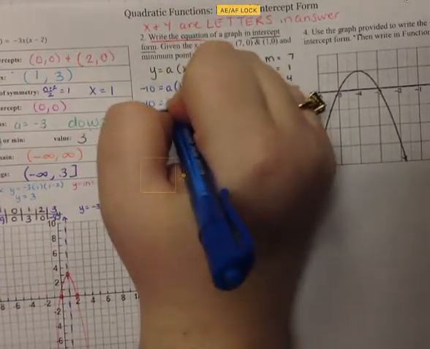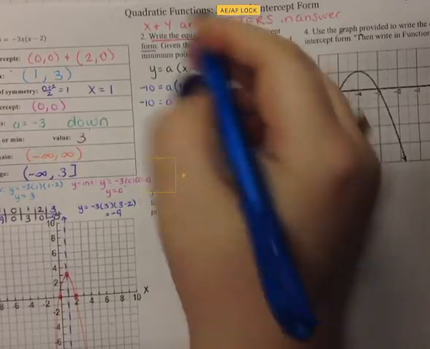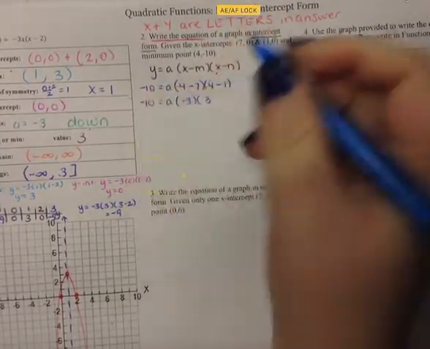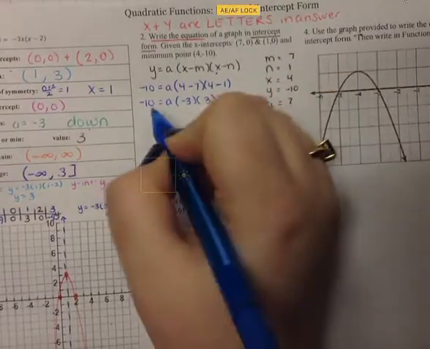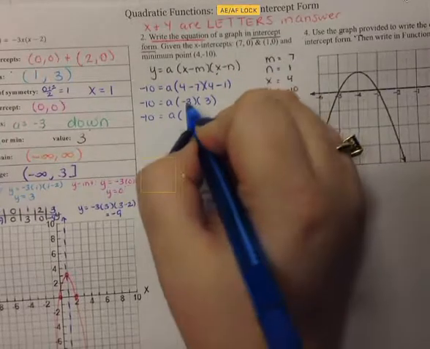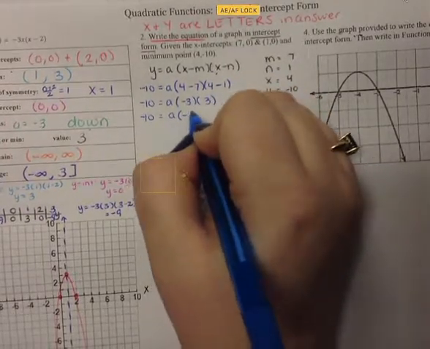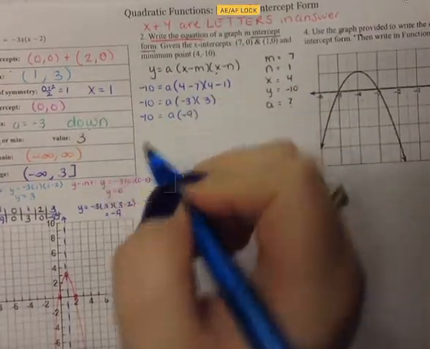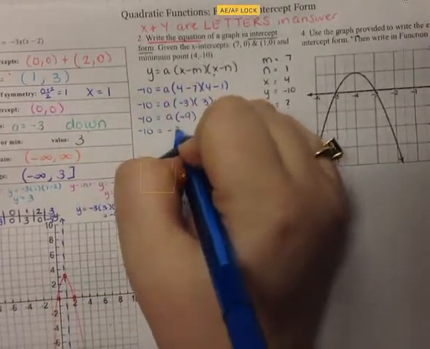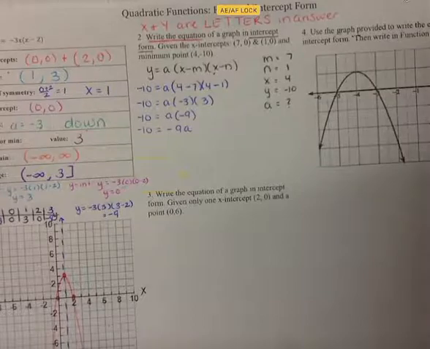It's equals a, parentheses, 4 minus 7 is negative 3, parentheses, parentheses, 4 minus 1 is positive 3. Okay, so the left-hand side is still fine, so negative 10 equals a times negative 3 times 3 is negative 9.